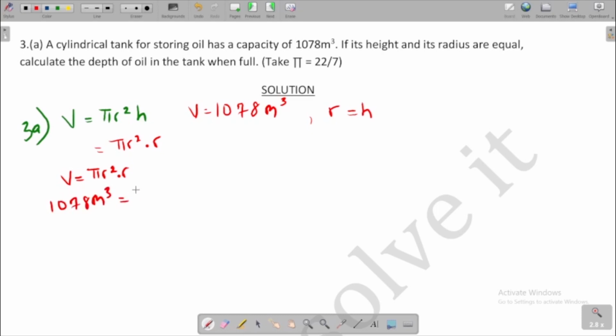Our pi is said to be 22 over 7 times our r square times r. So you have 1078 meter cube is equal to 22 over 7 times r raised to power 3.